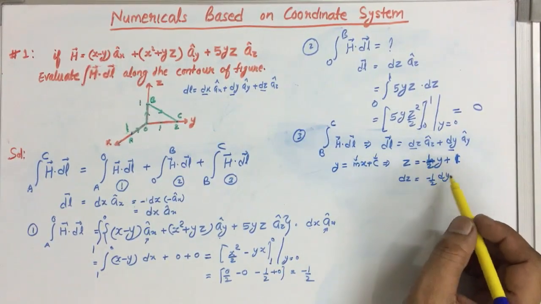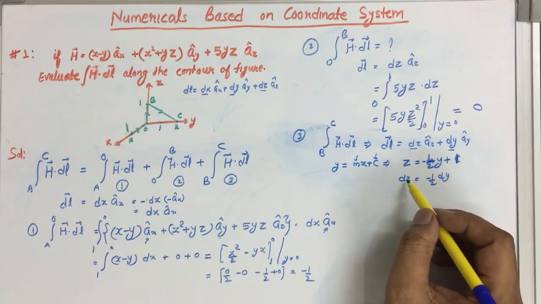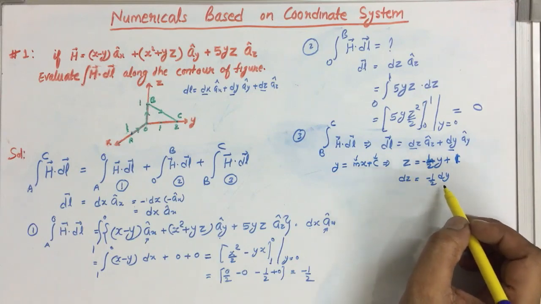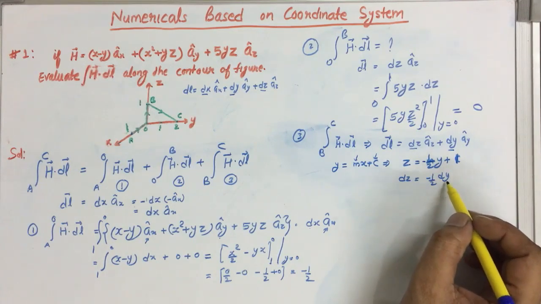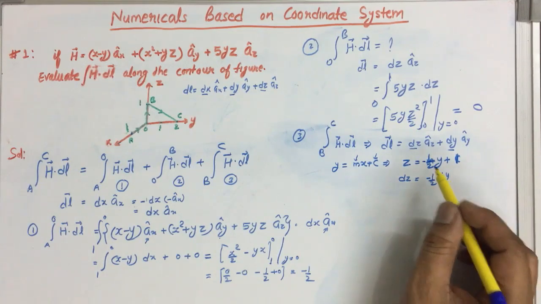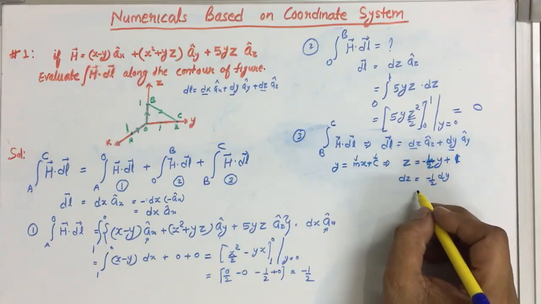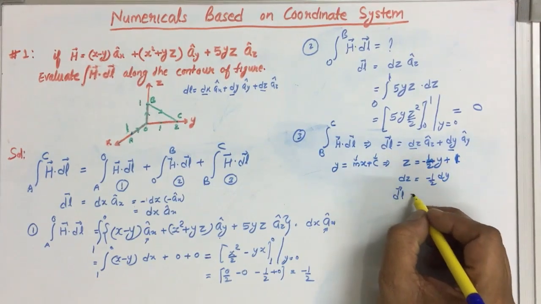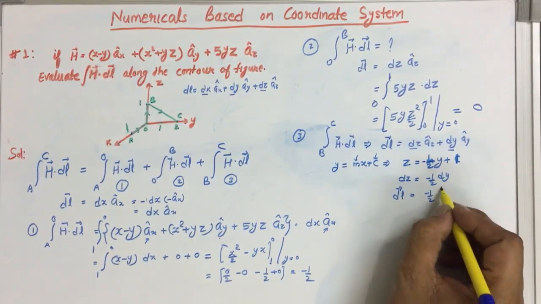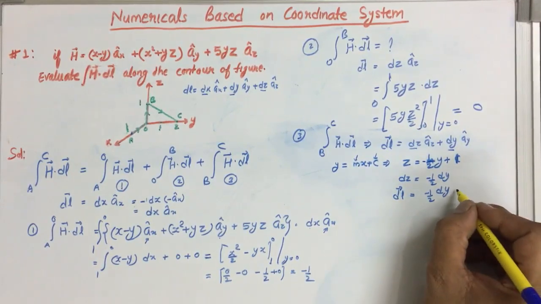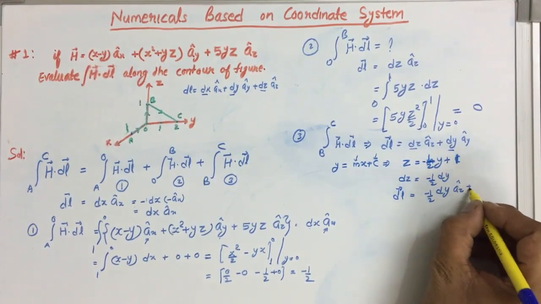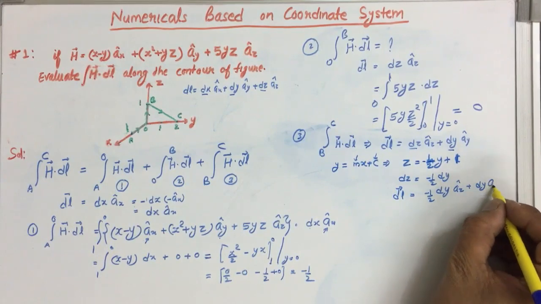So what we can observe here, the rate of change of z is minus half times the change in y. So we will put it here: dl will be minus half dy az plus dy ay.